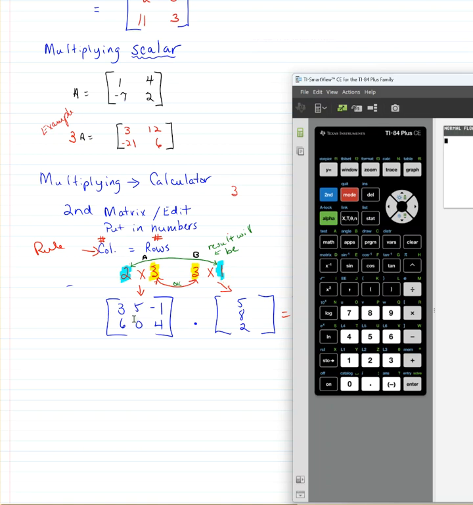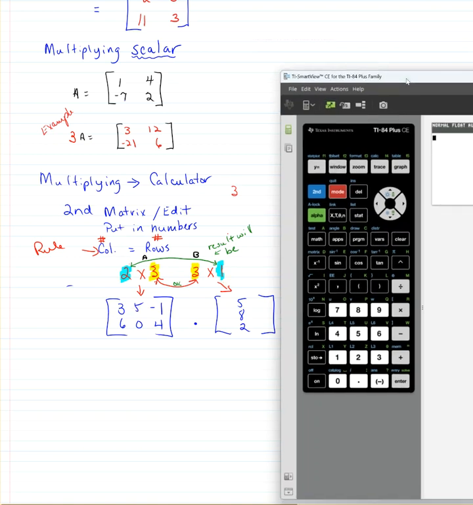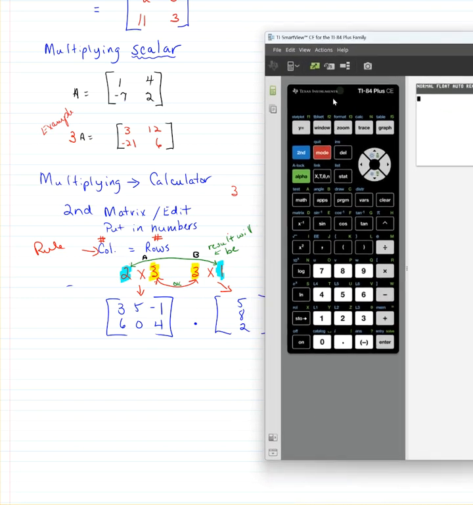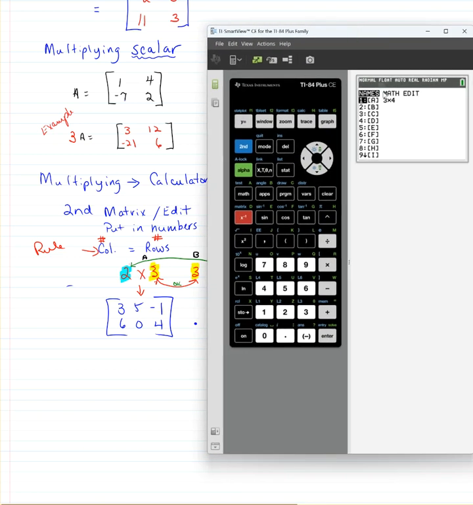So let's go put this in our calculator just so you can get used to that. Second and matrix is this button here. It has matrix on top, so second matrix, and then we go over to edit, and we want to put the size of what we want to put in. We want a 2 by 3, and they've given us the blank one.